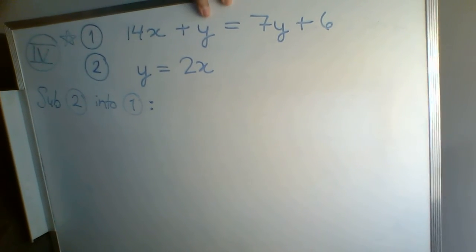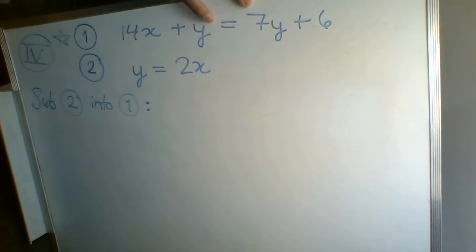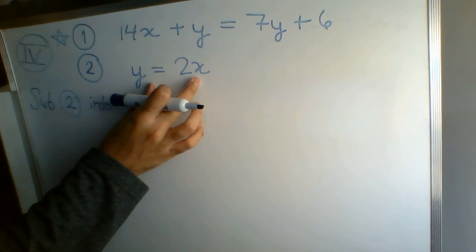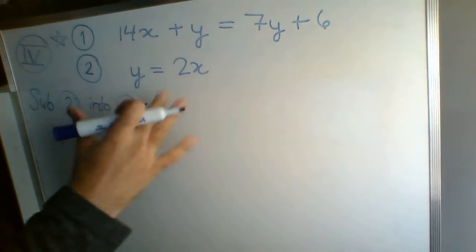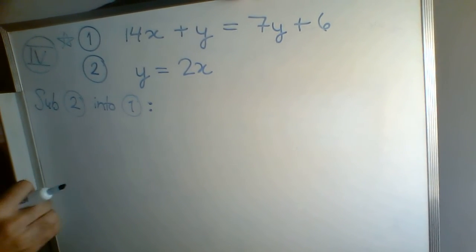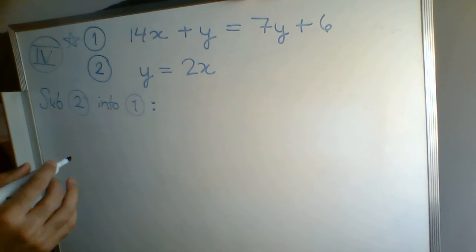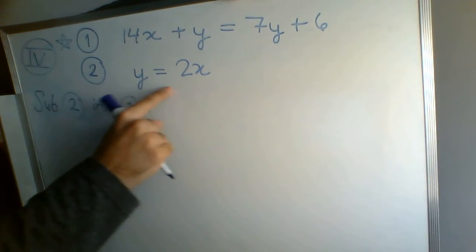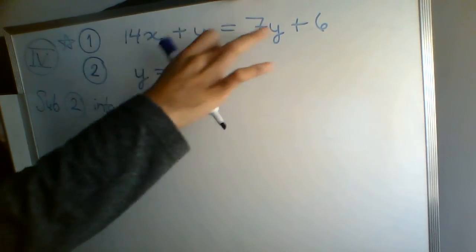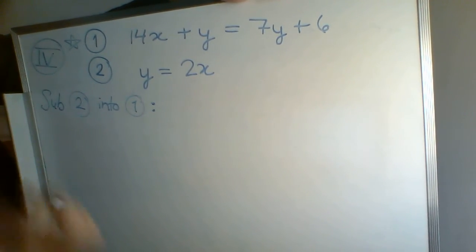So if I sub equation 2 into equation 1, that means anywhere I see a y, I need to replace it with 2x. I'm going to do it this way because it involves the most substitution. I'm confident that you guys could group together these two terms involving y, or that you could reorder this so that it's x by itself equals something. But the substitution is really the thing that's new. So, subbing in the fact that y is equal to 2x up in equation 1 means that anywhere I see a y, I have to replace it with 2x.